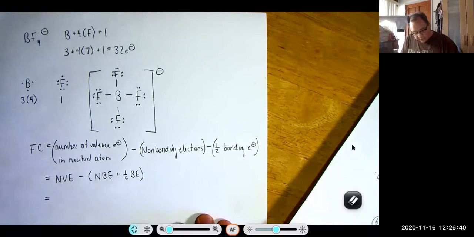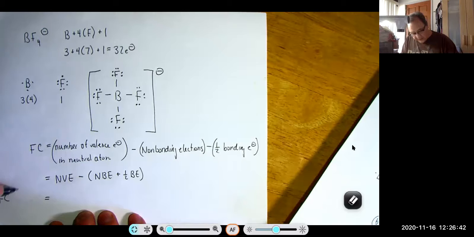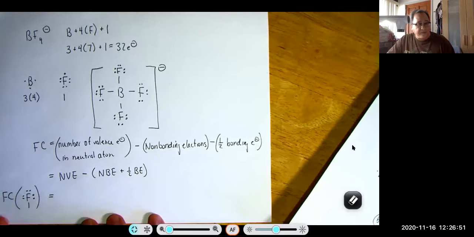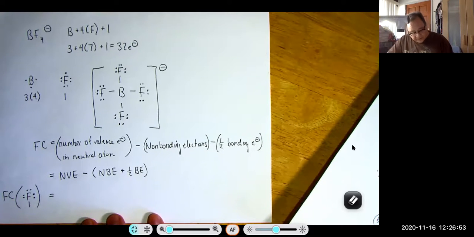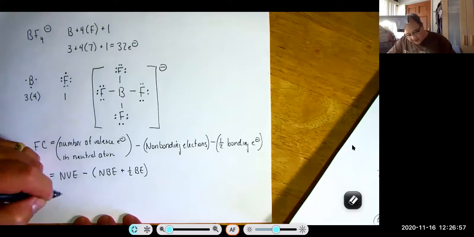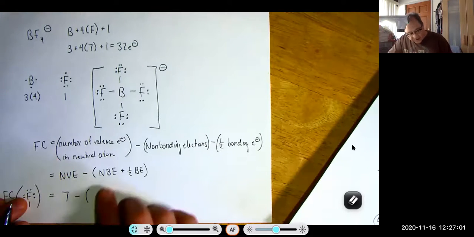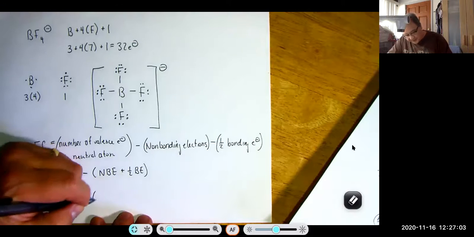So if we want to get the formal charge of a fluorine that has 6 non-bonding electrons and 1 bond, this is the way the formula would look. Fluorine has 7 valence electrons. How many non-bonding electrons? 6.